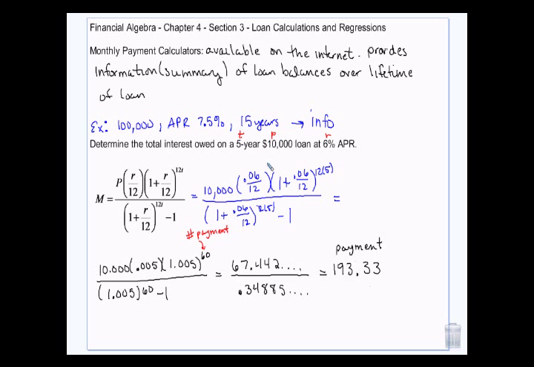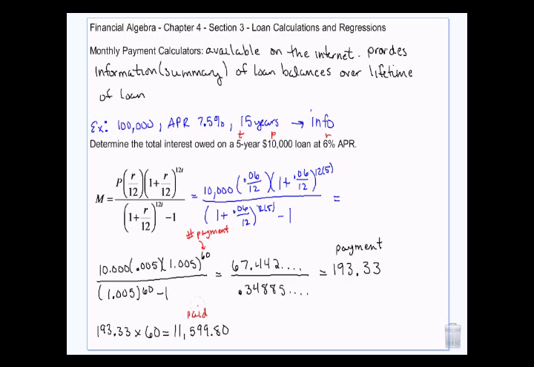But I want to know what my total interest owed is. So I take that payment, 193.33, times the number of payments to get how much I'm actually going to pay. So this is how much I paid.